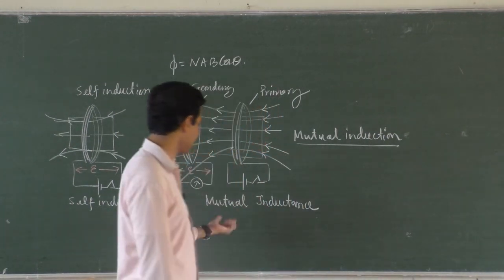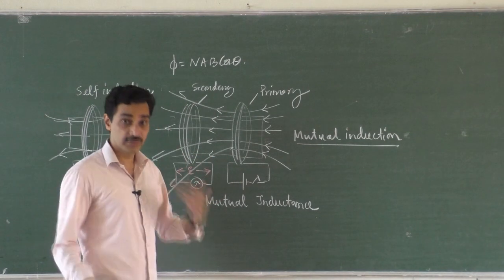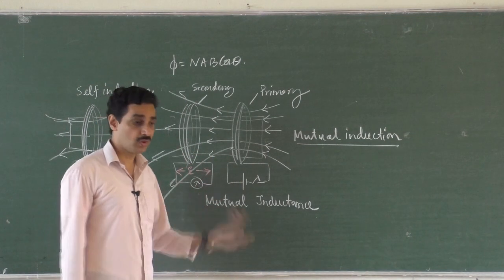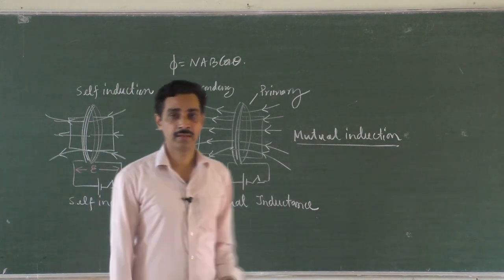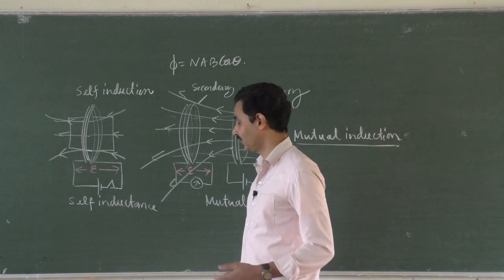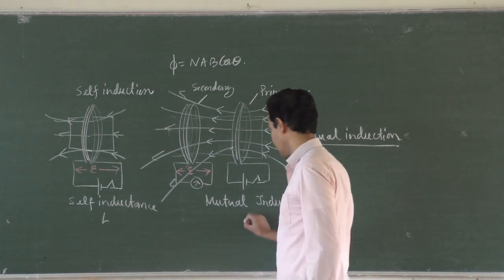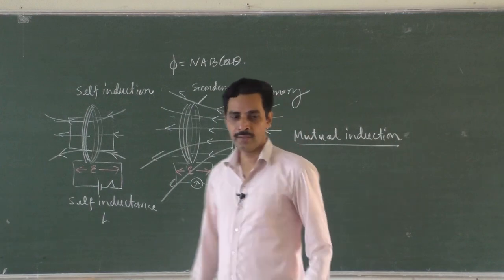Similarly, mutual inductance depends on number of turns in the coil, area of both the coils, orientation of the coils, core, so everything, right? So you should have a formula for mutual inductance and self-inductance. I will use a symbol, self-inductance L, mutual inductance M, right?